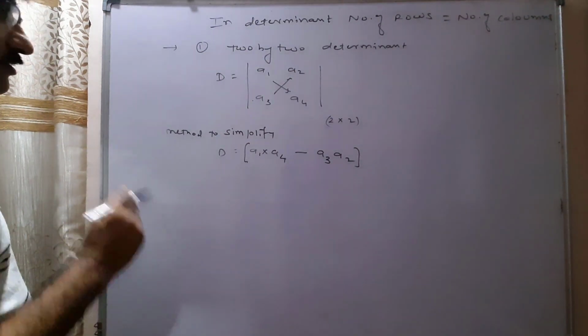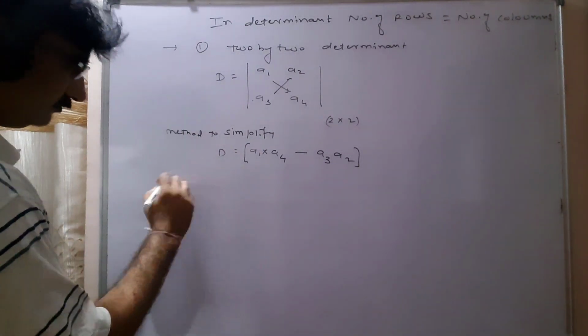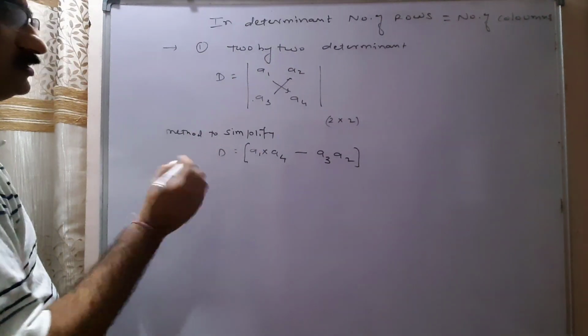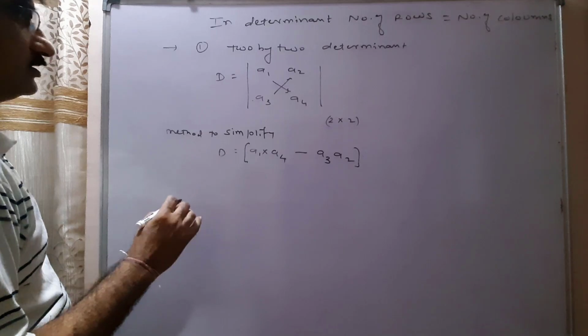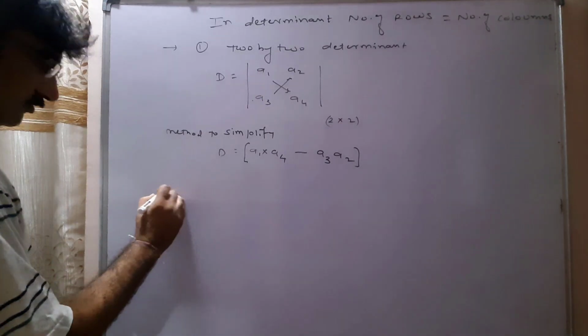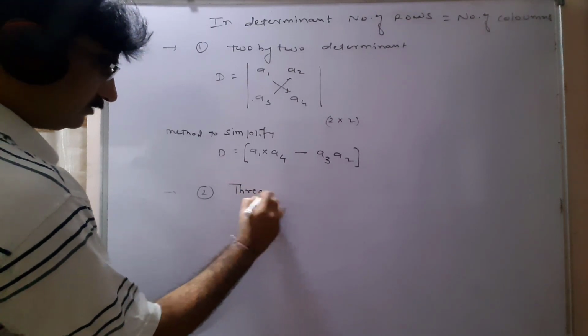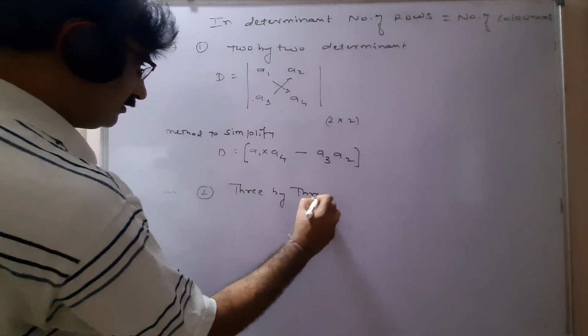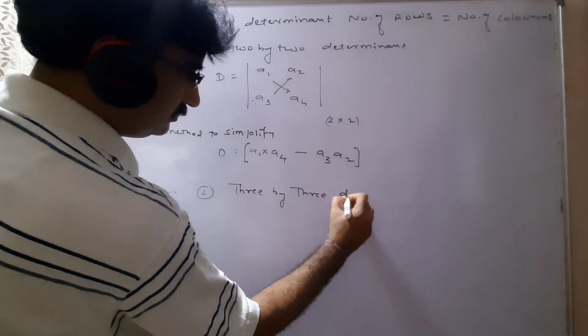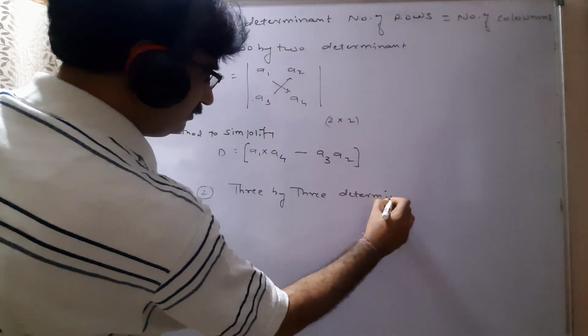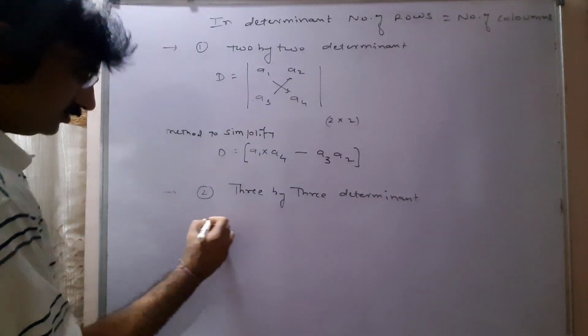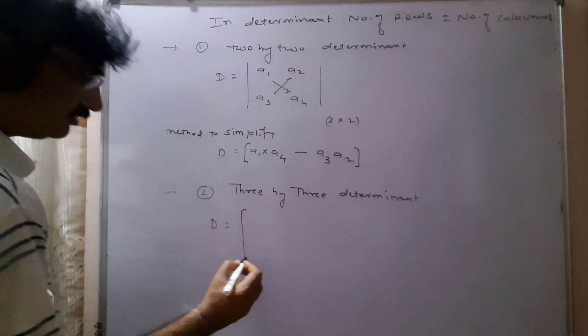Now, the sign position of the determinant. Before that, we have to see another type, that is 3 by 3 determinant. So how do we write a 3 by 3 determinant?